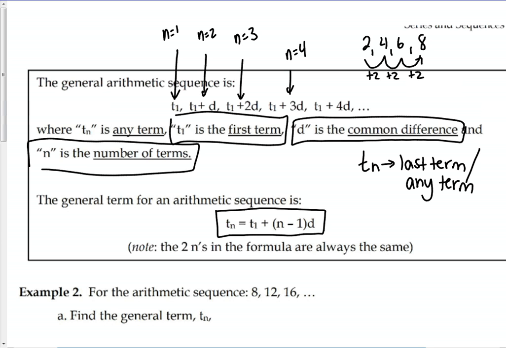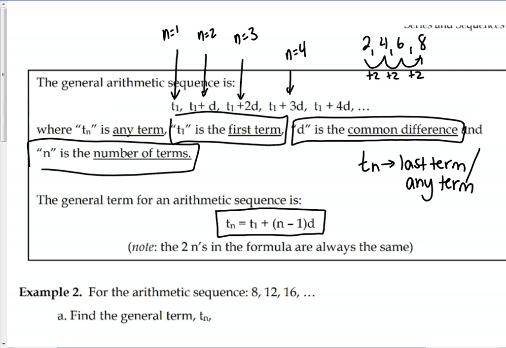Here's your first term, T1, for each one, plus n minus 1. Notice if I want the third term, we're adding 2 common differences. If I want the fourth term, that's 3 common differences away. That's why it's 1 less. And then times d, the common difference. Okay, so that's the formula.